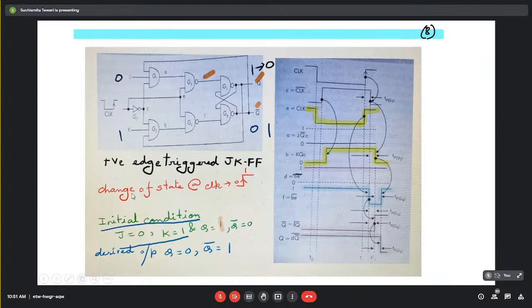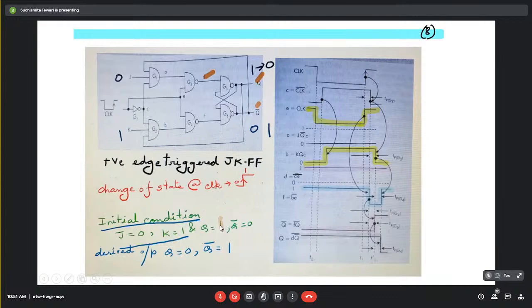So here let us assume some initial condition. What is the initial condition here? Suppose J is given as 0 and K is given as 1. And the initial output that we are going to start with is Q equal to 1 and Q bar equal to 0. Okay.